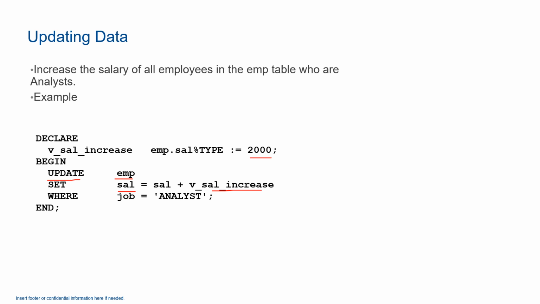The criteria, the condition, is WHERE job is analyst. So if an employee in the table has a 10k salary, the salary will be increased by 2000, so it will be 12k now, where the job is analyst. This is how we update the data.